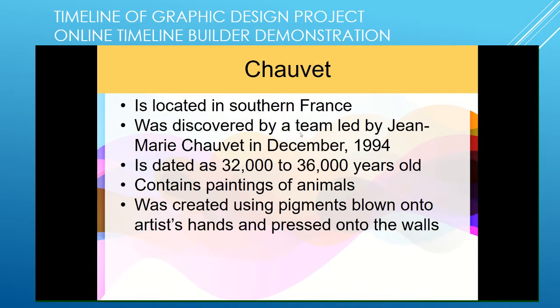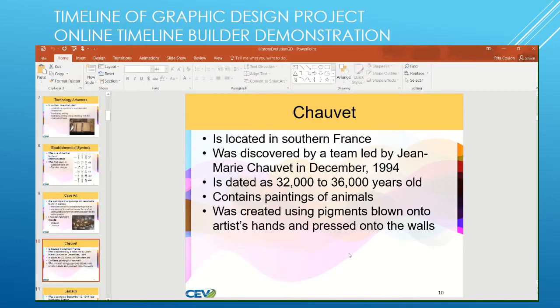Chauvet was discovered in 1994, but it's dated as 32,000 to 36,000 years old. So let's include that in our timeline.